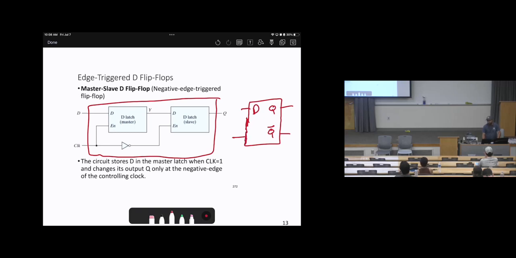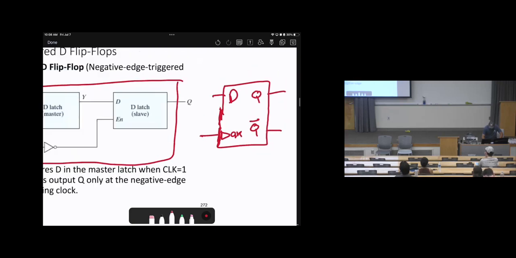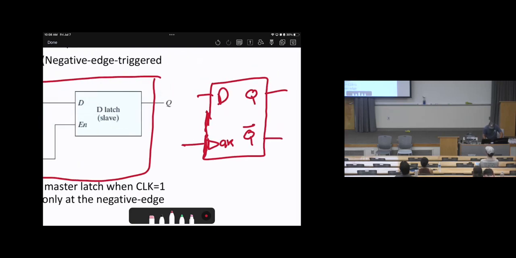So is this one a flip-flop or a latch? By looking, there's a small triangular shape at the clock. Then definitely you will say this is a flip-flop. That's how I distinguish. While for the latch, you will not see the triangular shape.